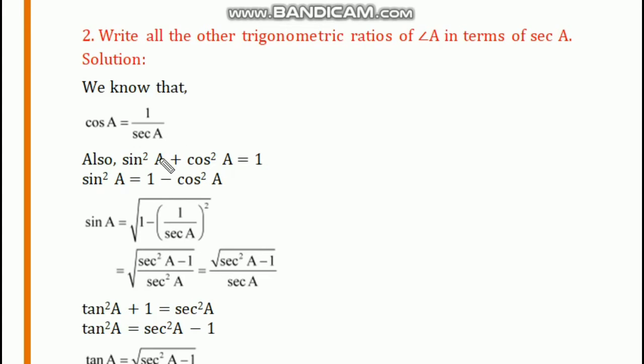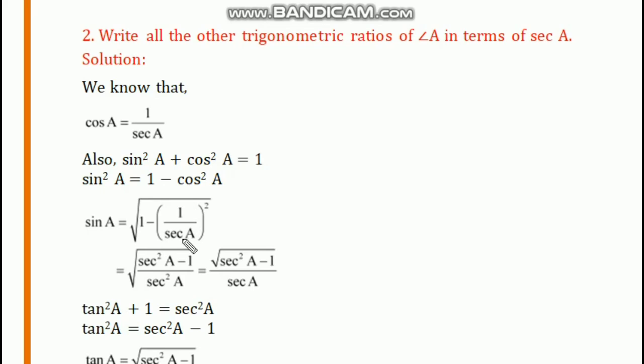The first one: already we know the identity sine square A plus cos square A equals 1. Here we can change sine into secant. So sine square A equals 1 minus cos square A. If you transpose the square to the right hand side, that will be a square root. So square root of 1 minus cos square A, and we know that cos A is 1 by secant A. So here itself we change it in terms of secant and expand this.